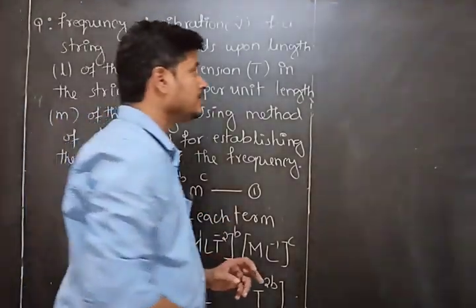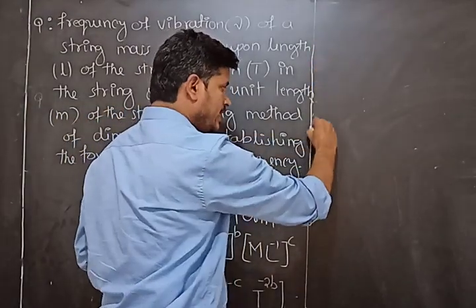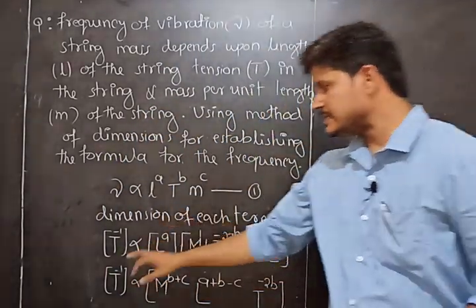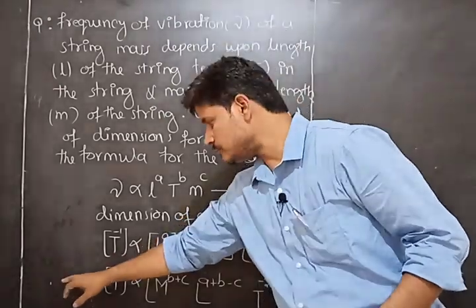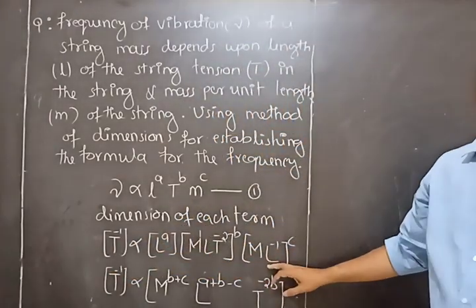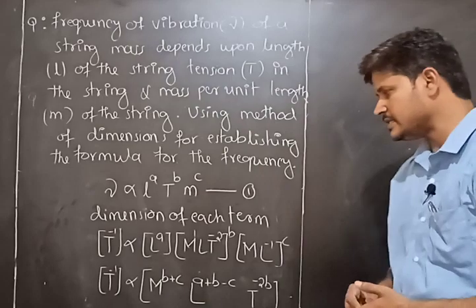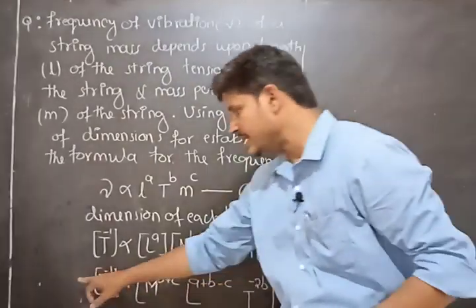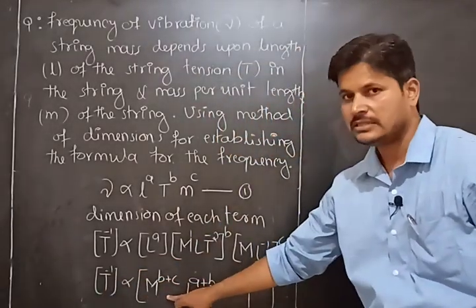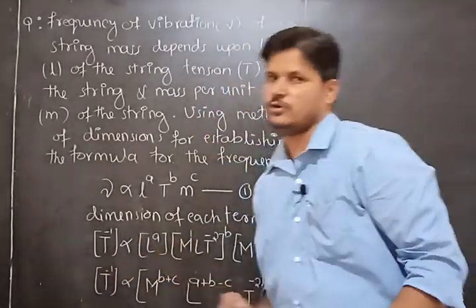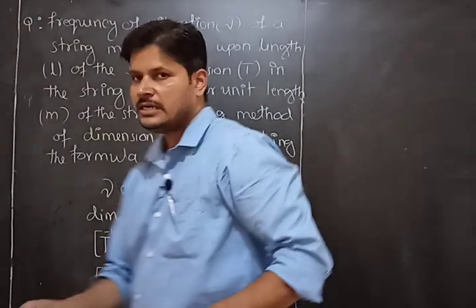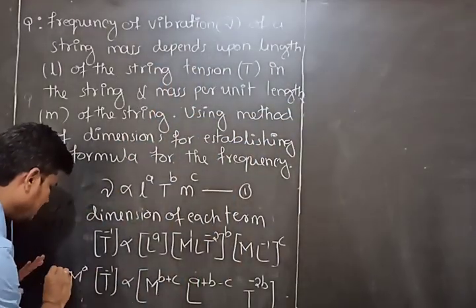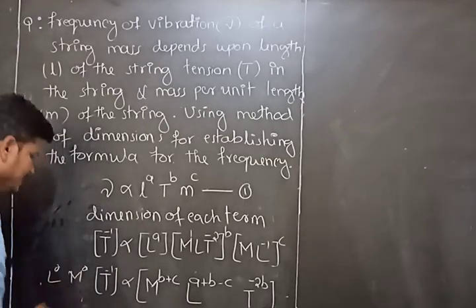Now apply the principle of homogeneity. That means whatever the index on the LHS is, the same should be present on the RHS. As I told in the previous example, if nothing is there to compare with M, I have to take M raised to 0, and likewise L raised to 0.